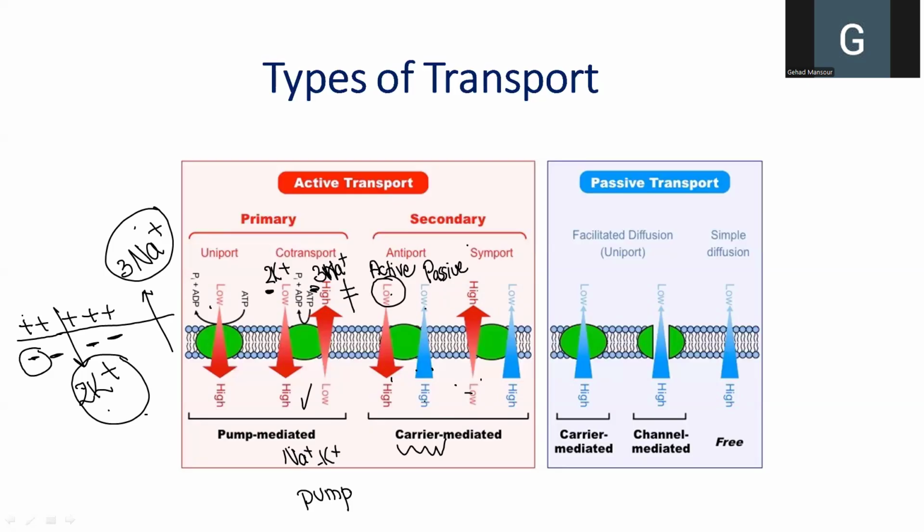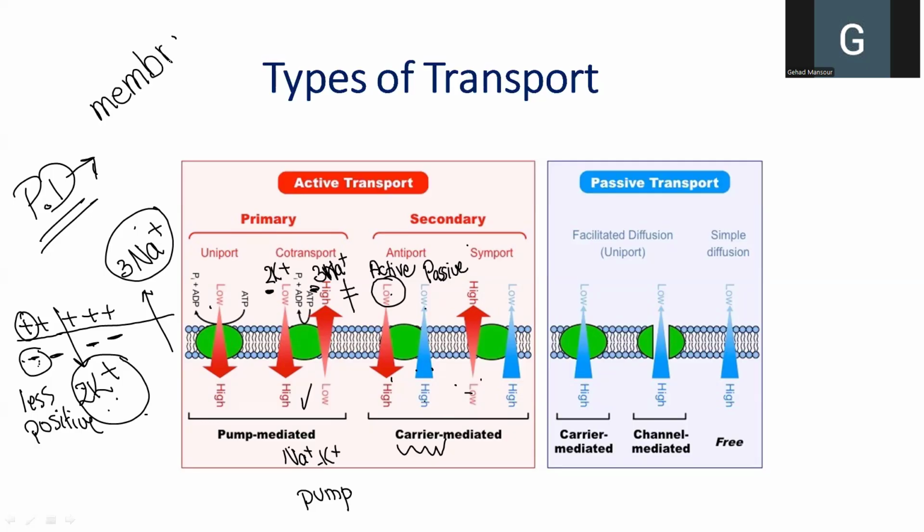When we draw this, we don't mean that the overall inside is negative, but that the overall inside is less positive, at least less positive than the outside. So there is a potential difference being created, and that potential difference is what we call the membrane potential.